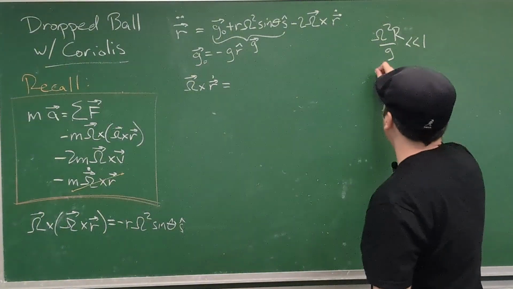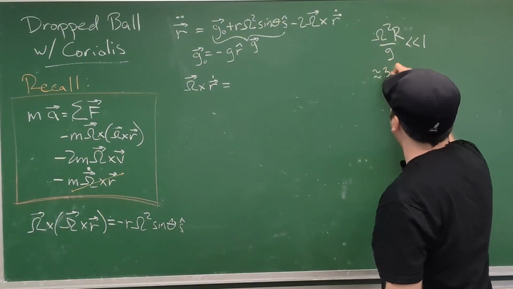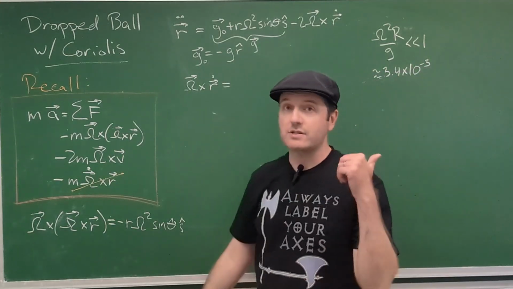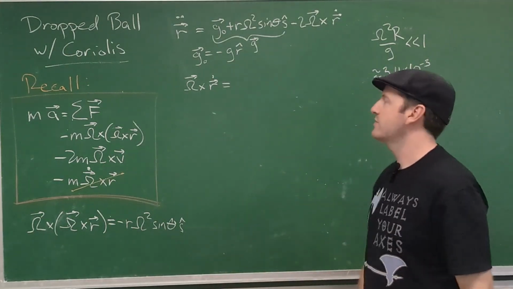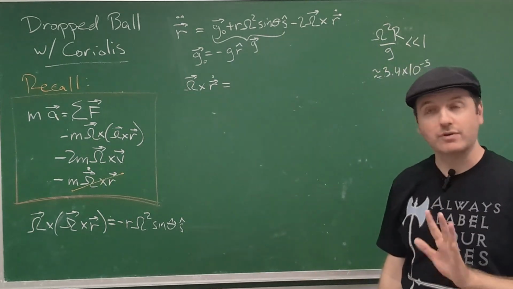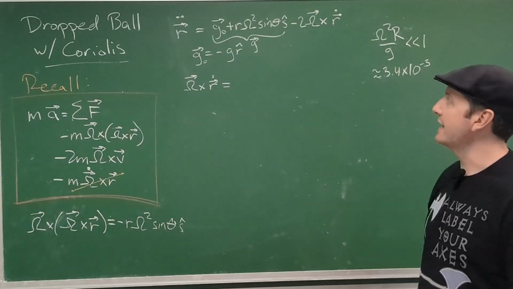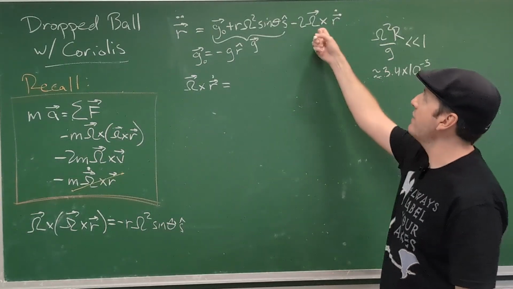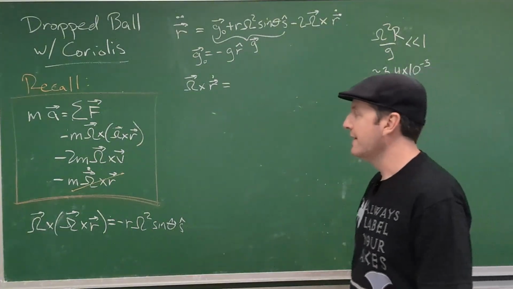Indeed, I got that this is approximately 3.4 times 10 to the minus 3. So I think that's a dimensionless number. So I think it's safe for us to ignore the centrifugal effect when we're calculating motion in Earth's gravity. Okay, now we've got to figure out this Coriolis term.